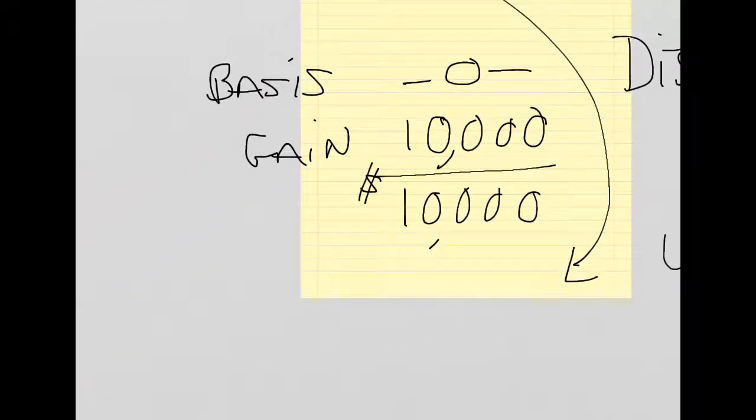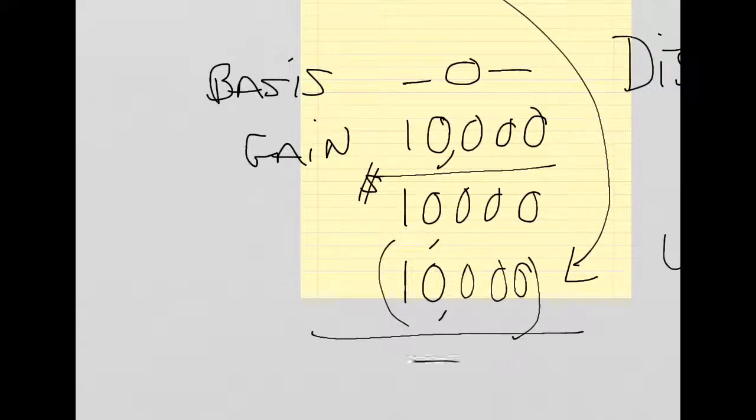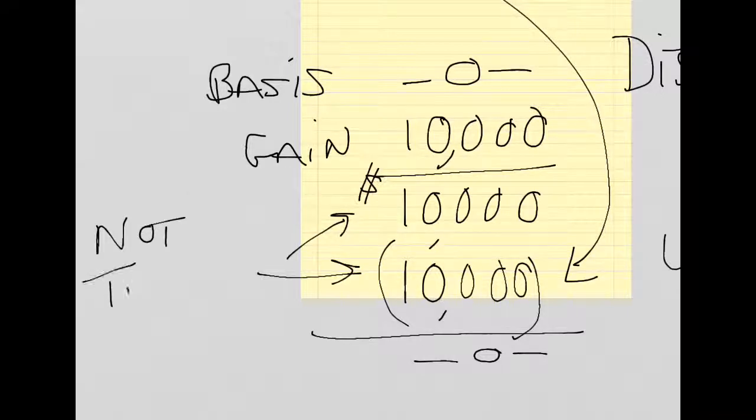So let's look at this case, though, before we look at the next scenario. This distribution, its fair market value is $10,000. It reduces basis to 0. Since we had the basis to take the distribution, it falls into the general rule that it's not taxable. It's a return of capital.